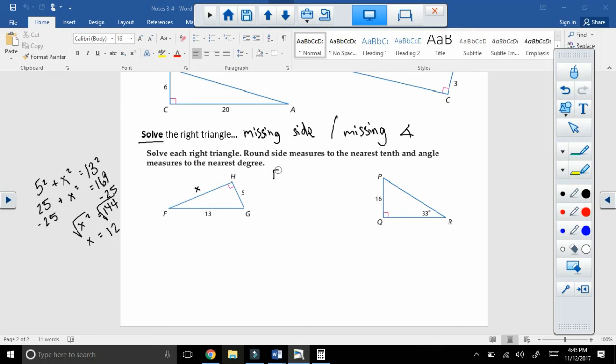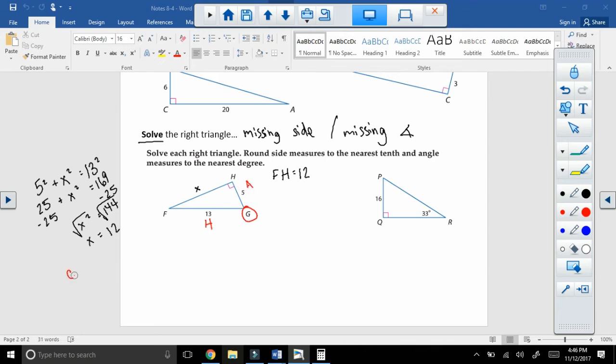So I'm going to make just a little list over here. FH equals 12. You can put that on your picture if you want to. I always like to go back to the original information though, just to make sure I don't make a mistake. So next let's find angle G. If I want to find angle G, I would say that this is the hypotenuse and this is the adjacent.